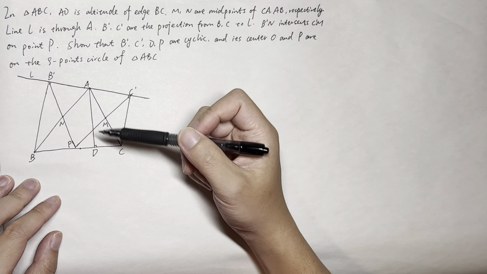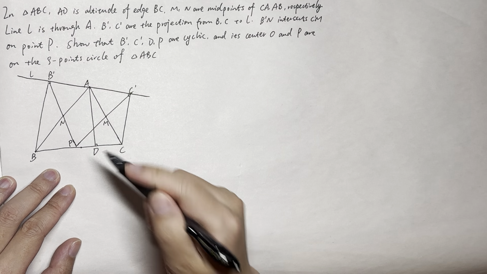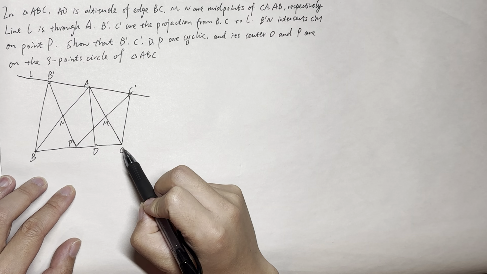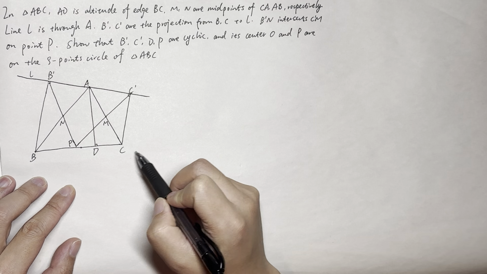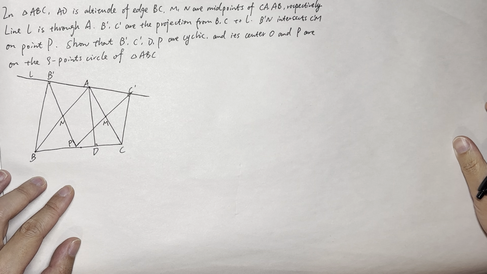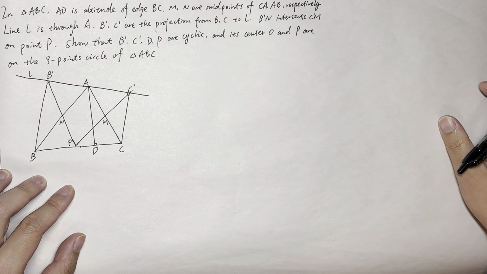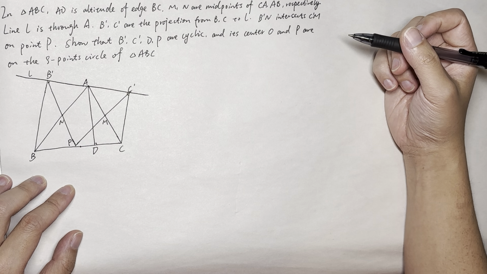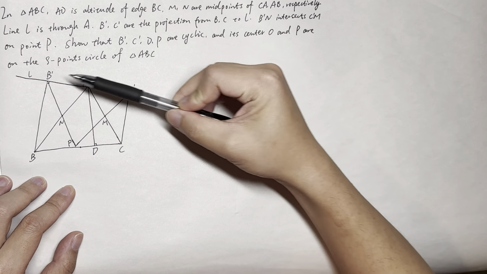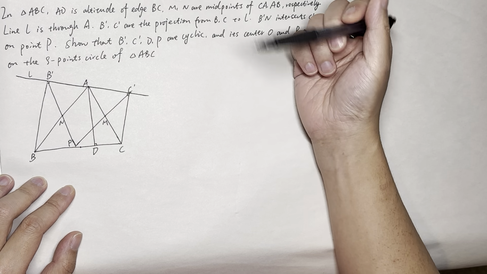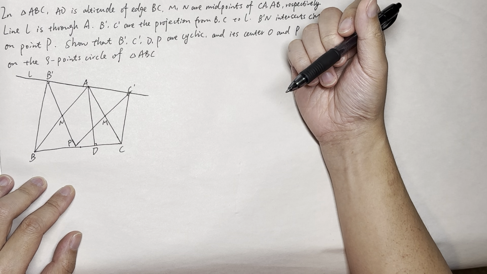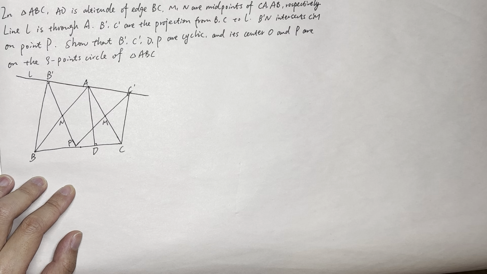So here the figure is not good enough, it looks like P is on BC, but actually P is not on BC. Just to illustrate that a little bit, let's consider how to prove that B prime C prime DP is a cyclic quadrilateral.